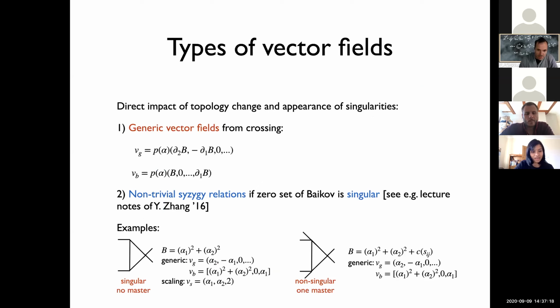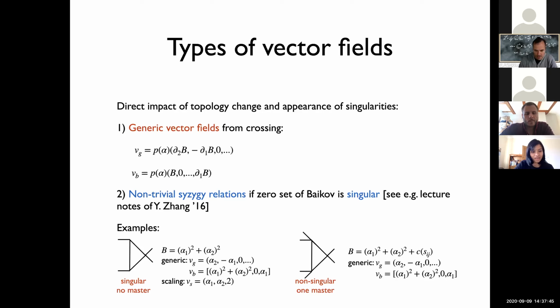Okay, so there are various types of these vectors. Some vectors you can write down explicitly, so-called generic vectors, where you see these vectors VG and VB, just written down by inspection. Just by taking the equation and symmetrizing in the right way, you find these first two vectors.